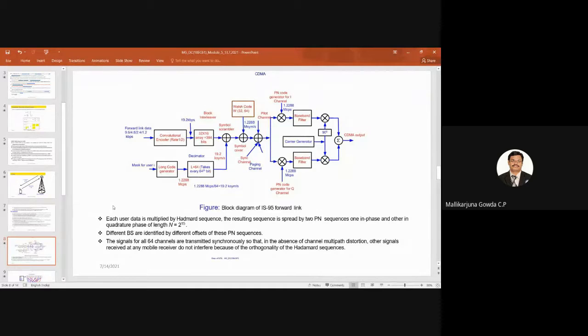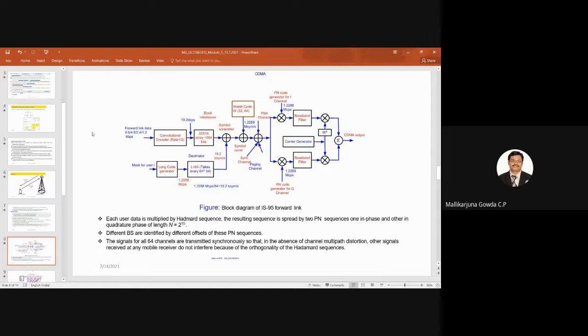Here the type of voice or speech coder used is the code excited linear predictive coder, that is CELP we say. I repeat once again, code excited linear predictive is the type of speech coder used here to convert the speech into digital data.